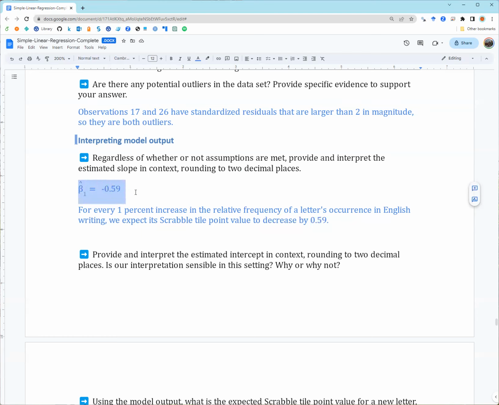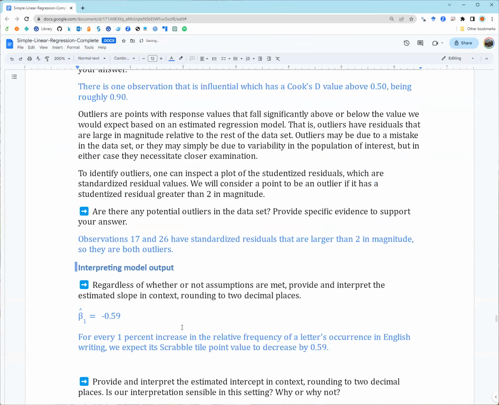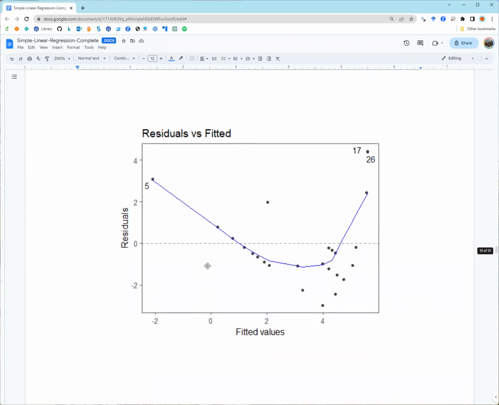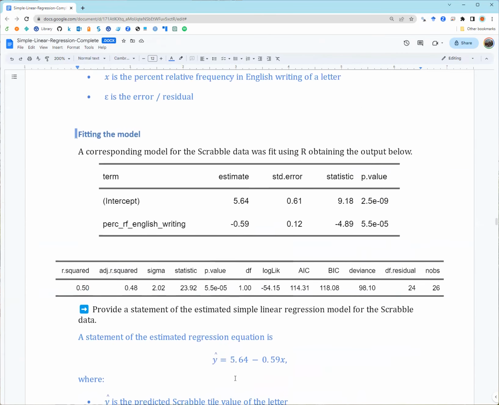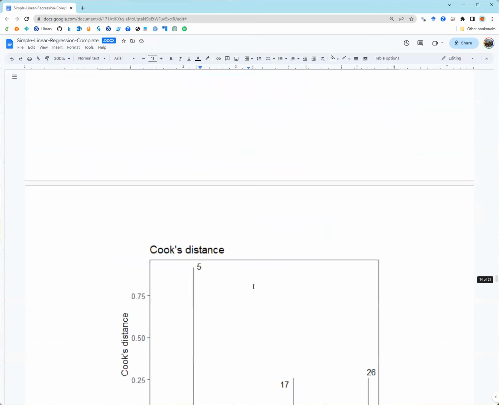Now let's interpret the estimated intercept. So for the intercept, we have beta hat 0 is equal to this number, which we got from here in the output, 5.64.